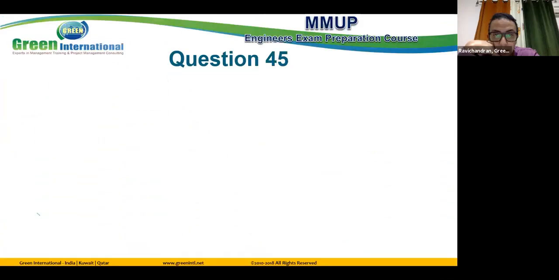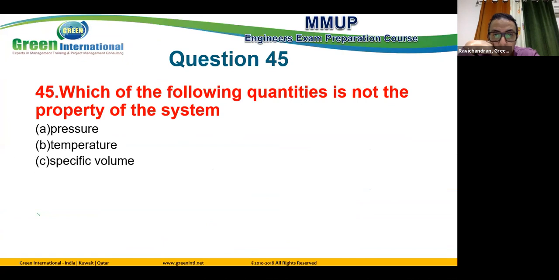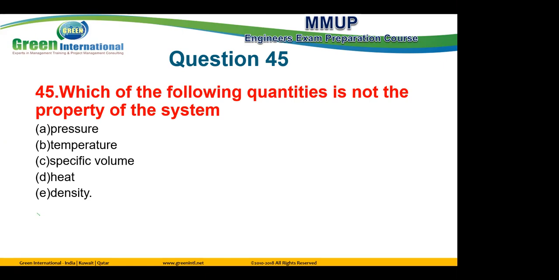Which of the following quantities is not a property of the system? Heat? Density?